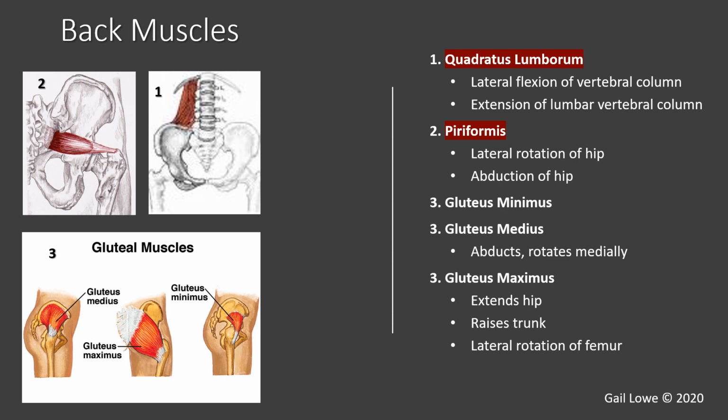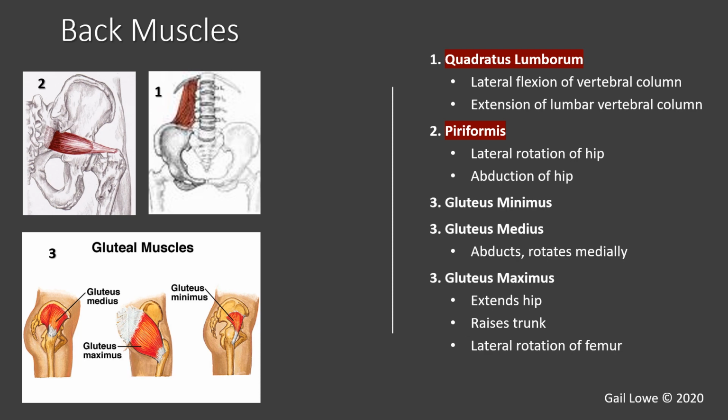Quite often clients who come to me with lower back pain will have problems with the piriformis and the gluteus maximus because of this lateral rotation of that leg, which is not balanced with the left leg.